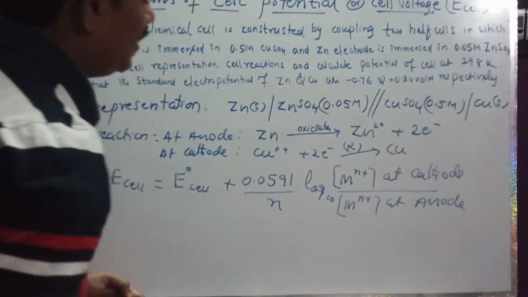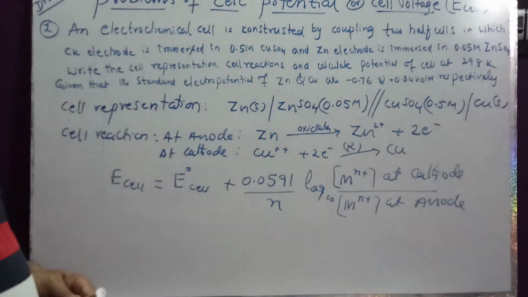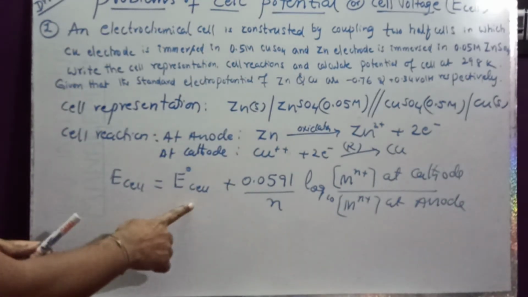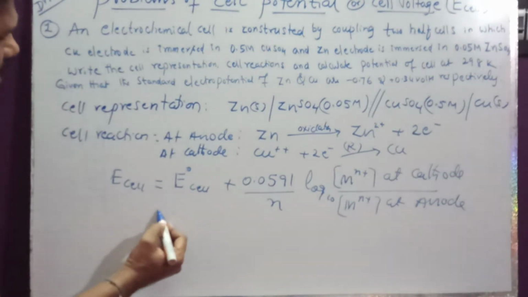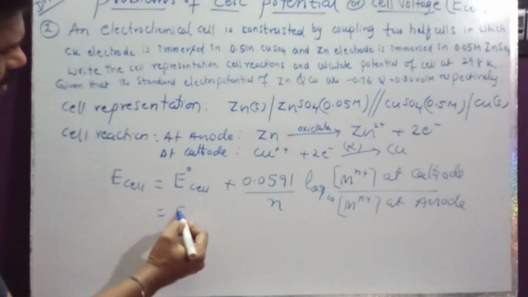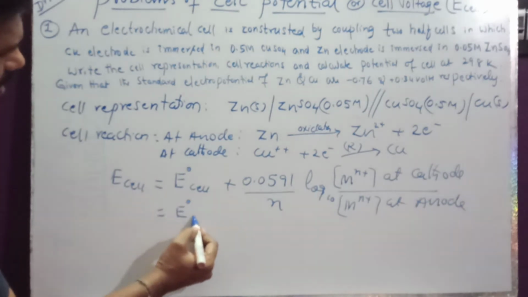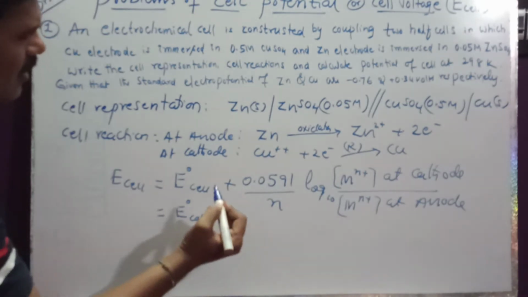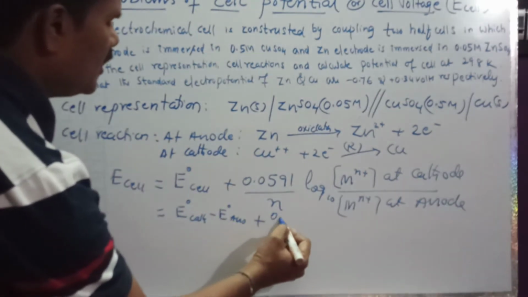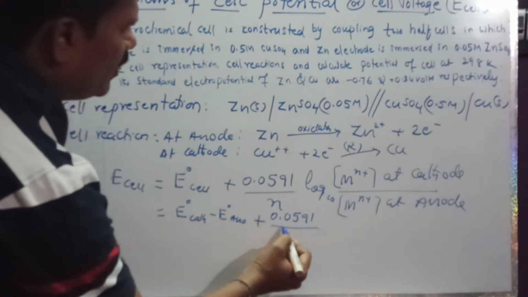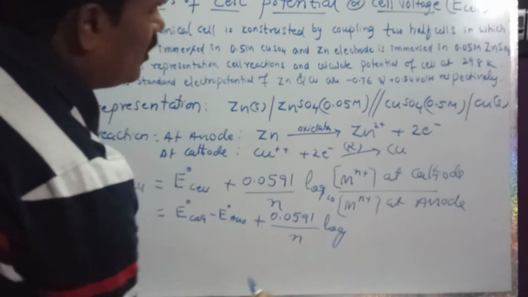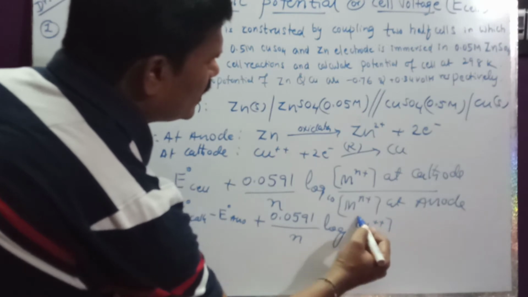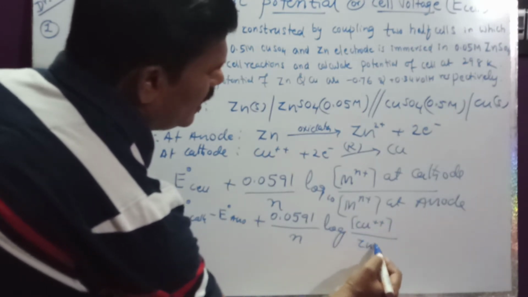So this is the equation which is used to calculate the cell potential at 298 Kelvin. E naught cell is given by E naught cathode minus E naught anode, plus 0.0591 divided by n log of metal ion concentration at cathode, means cupric ion concentration, divided by zinc ion concentration.